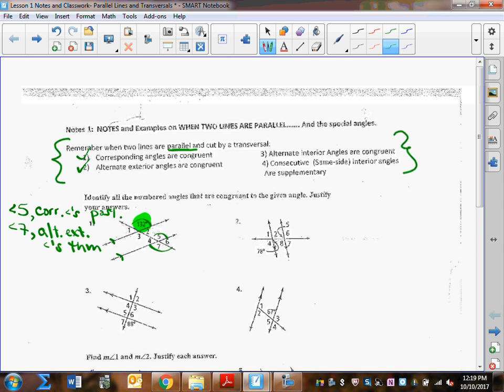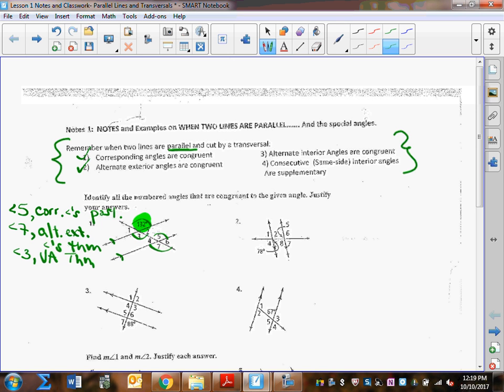Isn't 3 again? I think you're on the track to thinking of our last one, so keep thinking down that road. I was gonna say, 3, isn't that the vertical angle? Good, good, good. So we can also classify angle 3 by the vertical angles theorem. We know that angle 3 is congruent because it's vertical angles with it.